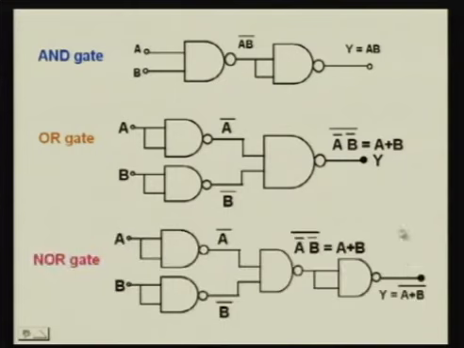Up to here we come as for the OR gate, and just implement another NAND gate as the inverter, and we will get the NOR gate as the output. So these gates we can realize by using just NAND gates.